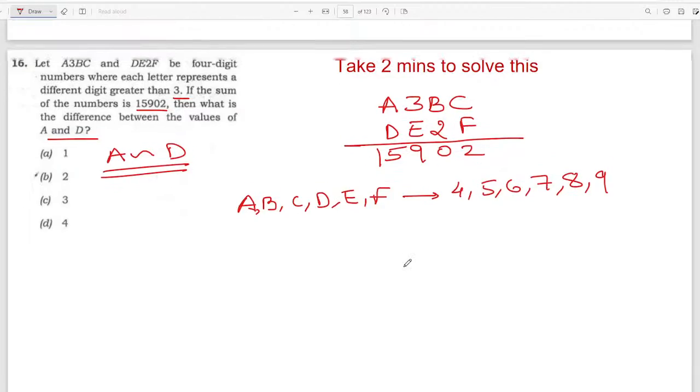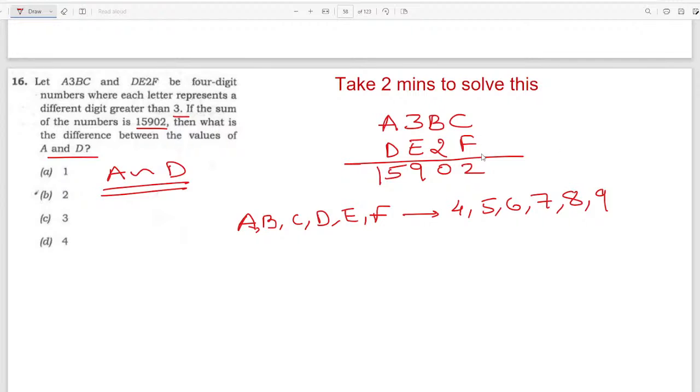So we know that C plus F would give you 2. In this case, if you add any number, this will not give you a single digit 2. It will give you a double digit. It should be 12 or 22.